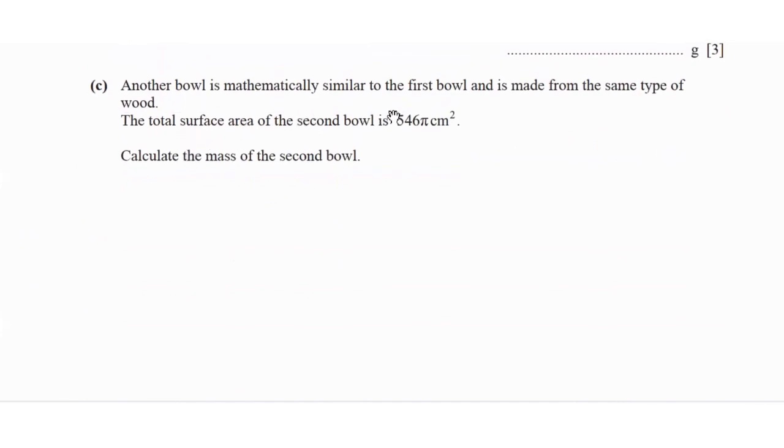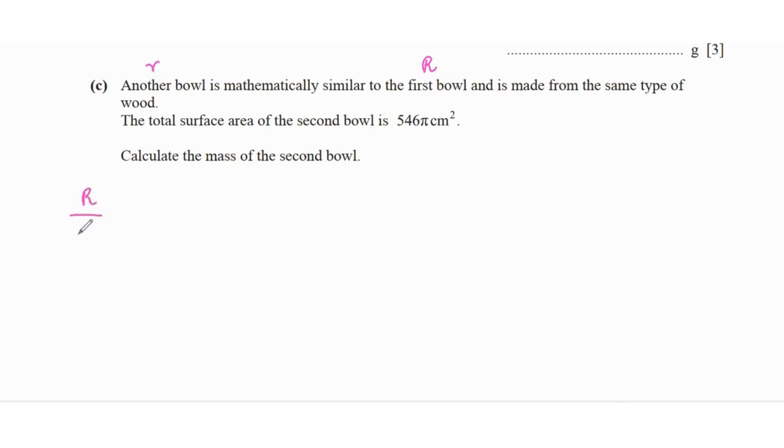Another bowl is mathematically similar to the first bowl and is made from the same type of wood. The total surface area of the second bowl is 546 pi centimeter square. Calculate the mass of the second bowl. If the first bowl is mathematically similar to the second bowl, that means the first bowl will have the radius of capital R, and the second bowl will have the radius of small r.